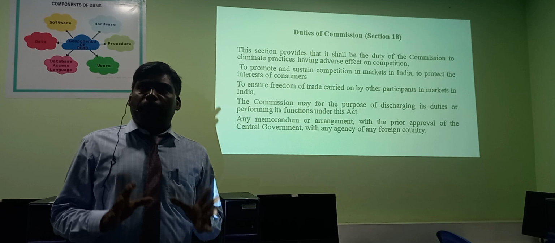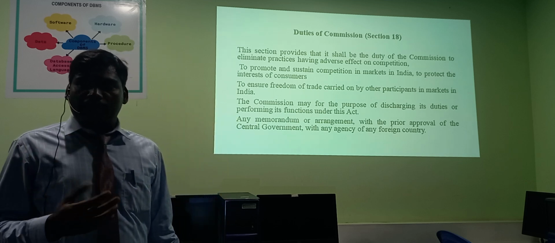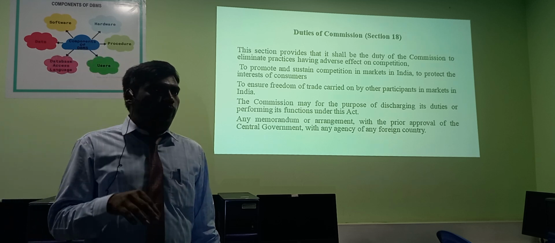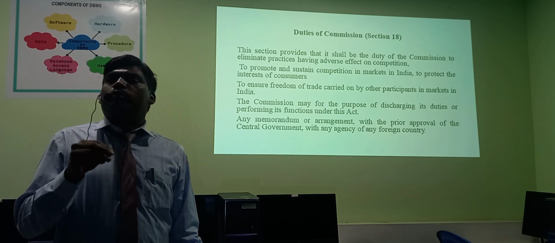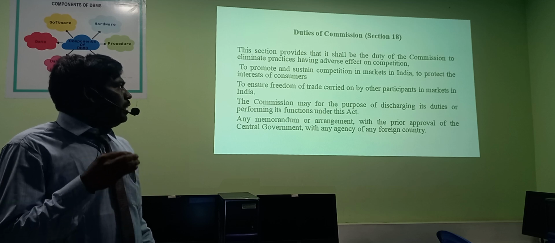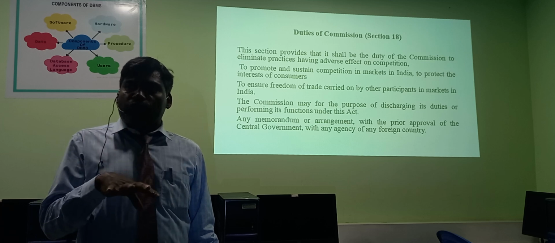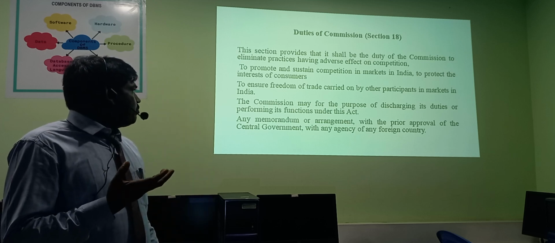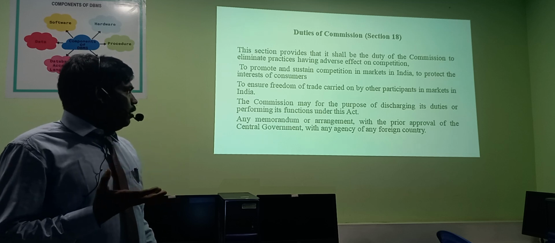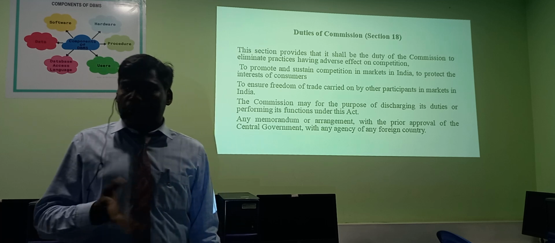Each and every person has the freedom to continue trade or business in India, so ensuring freedom of trade is a main duty of the commission. Third, the commission may, for the purpose of discharging its duties or performing its functions under this Act, enter into any memorandum or arrangement, with the prior approval of the Central Government, with any agency of a foreign country.